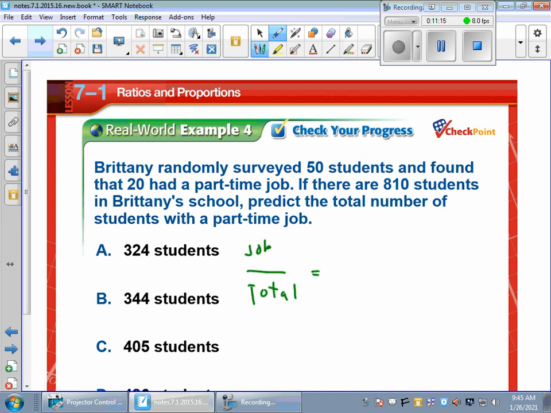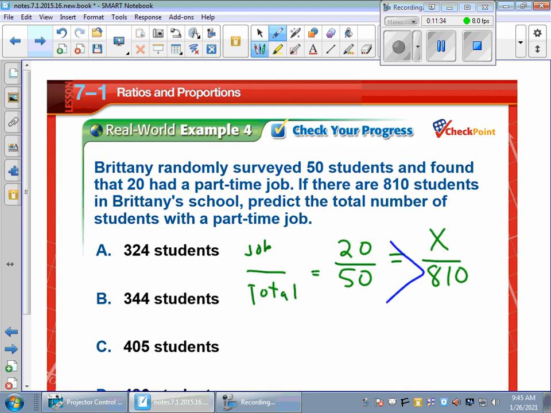So it says that 20 had a part-time job over 50 total out of that survey, and you want to set that equal to how many out of a total of 810. So we just have to be consistent with how we set that up. If you put the total on the top, that's up to you, but just be consistent.